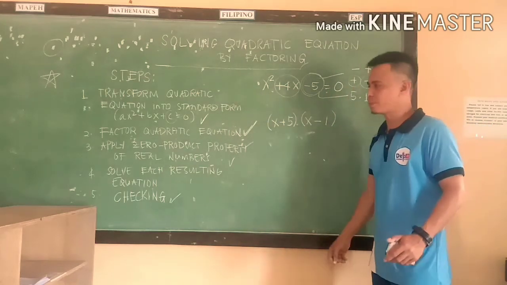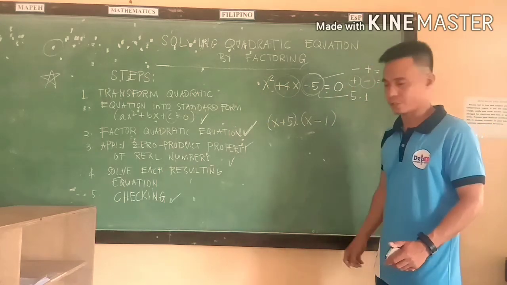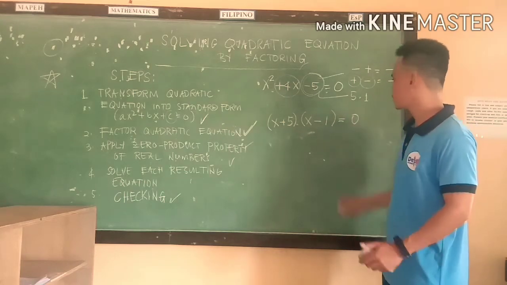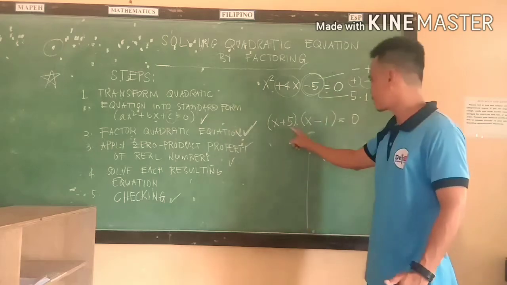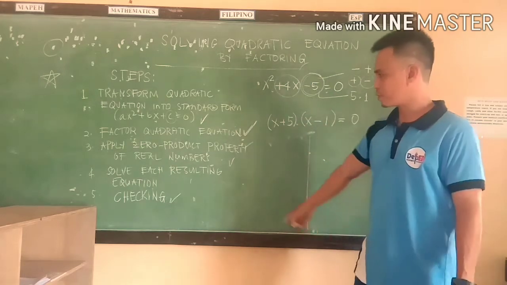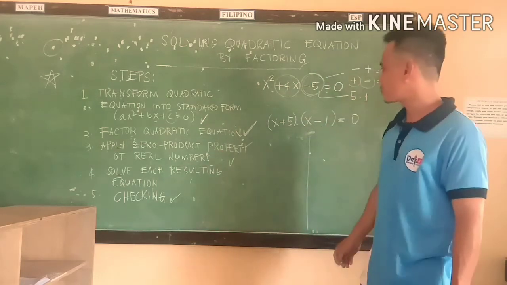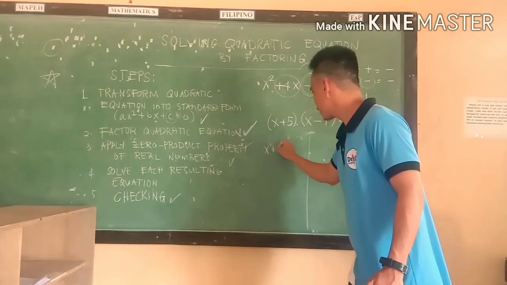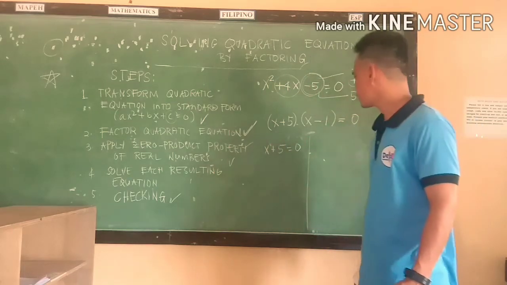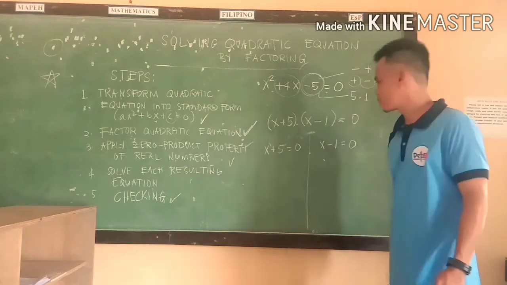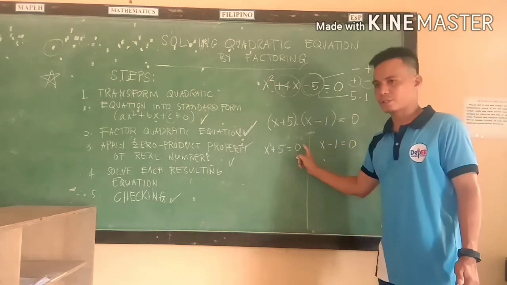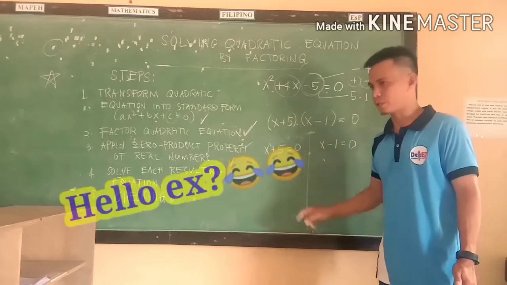Proceed to step number 3. Apply zero product property of real numbers. Just equate this one to 0. Okay? Follow. And solve separately using the zero product property. So x plus 5 equals 0. And x minus 1 equals 0. Computing the value of x, ayan naman si x, hahanapin na naman natin.